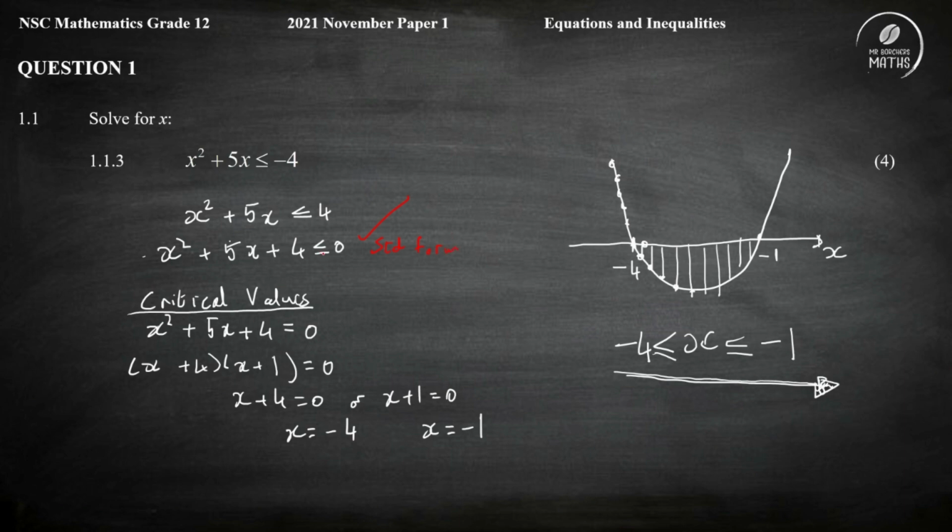Then you would have another 2 marks for finding each of the critical values, negative 4 and negative 1. And then your last mark would be for a correct inequality statement.